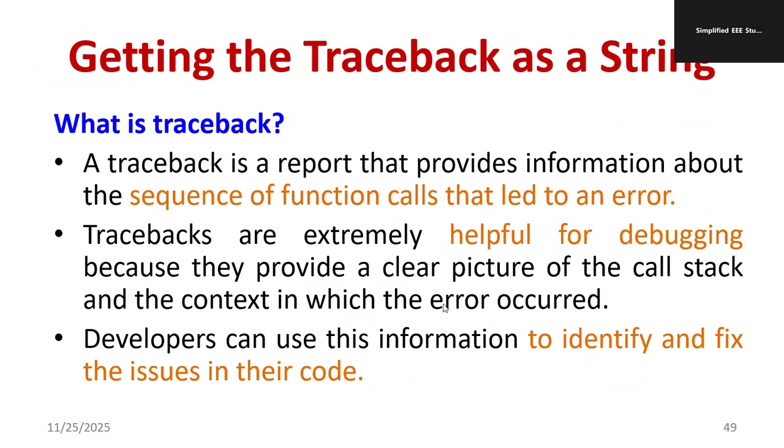Whenever you are correcting a Python program, it is always better to refer to the traceback and correct accordingly. They provide a clear picture of the call stack and the context in which the error occurred. Developers usually use this traceback report to identify and fix issues in their code. So for the development stage, it is very important for correcting errors.